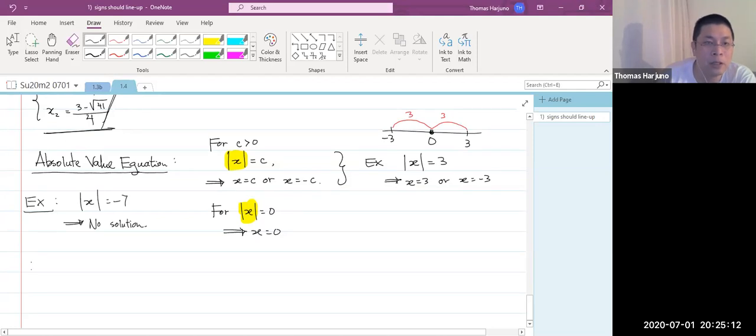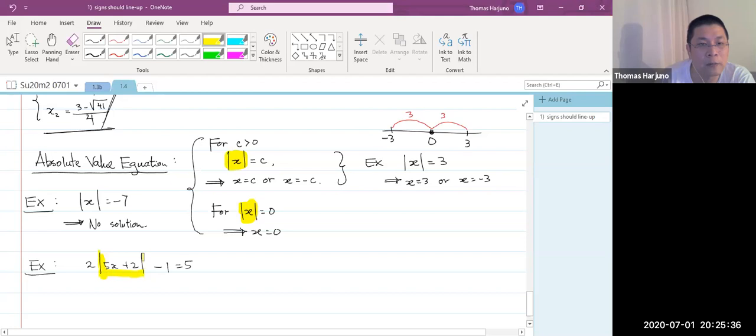Now, the thing is, what happens if I have such a variation? If I have 2 absolute value of 5x plus 2, minus 1 equals 5. From the rules I showed you here, we basically need to isolate the absolute value by itself first.